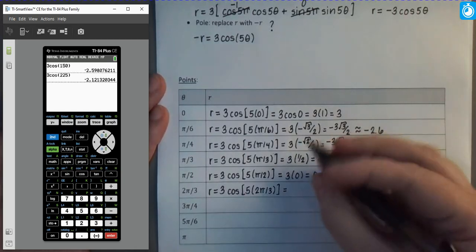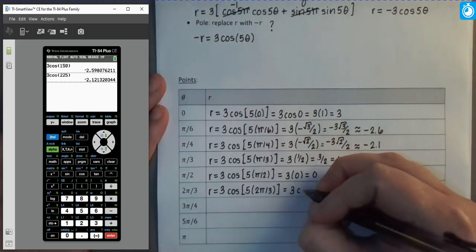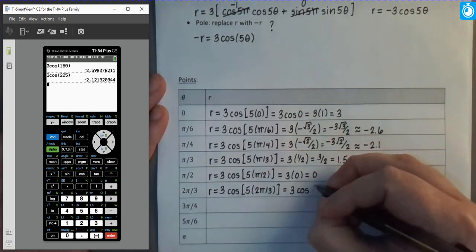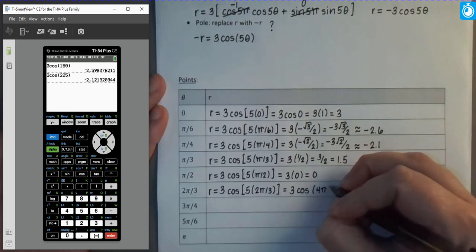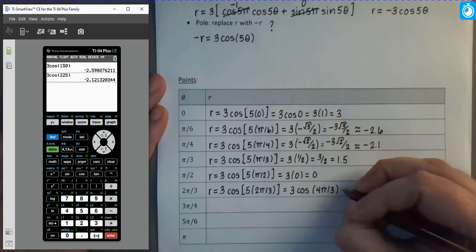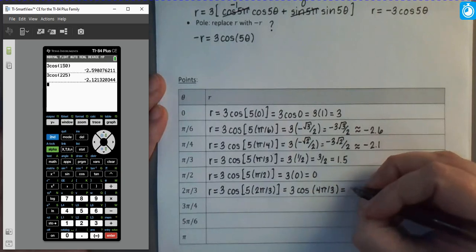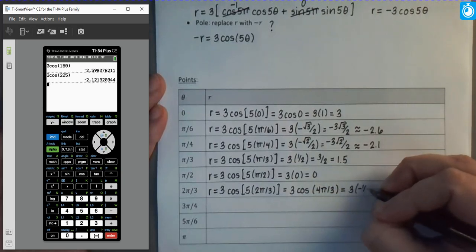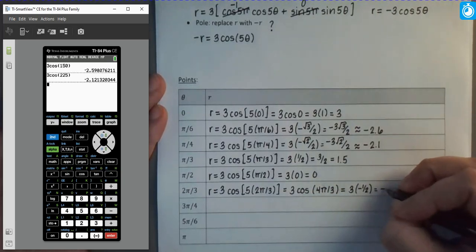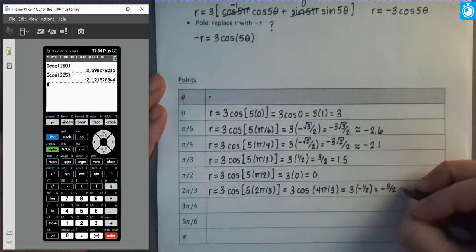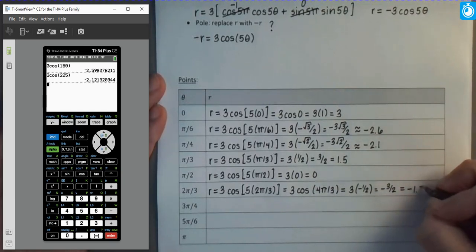So if we want to write it down just so we have a note, 10 pi over 3 is going to be the same thing as 4 pi over 3 in terms of what it's coterminal to that we see on our unit circle. So at 4 pi over 3 radians, our cosine is going to be negative 1/2. So we have 3 times negative 1/2, or negative 3/2, which is the same thing as negative 1.5.